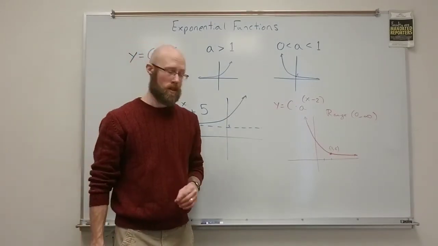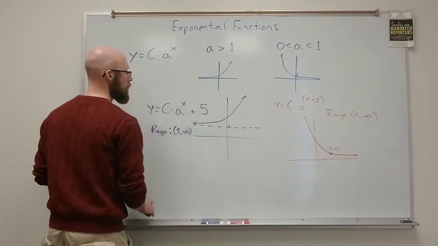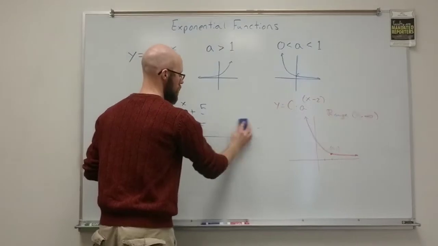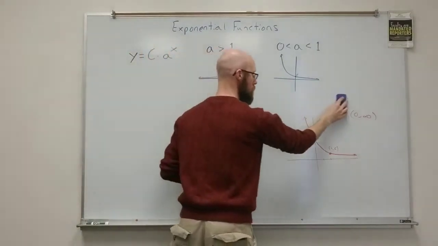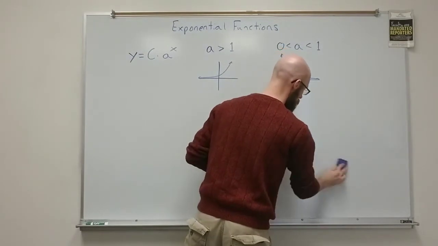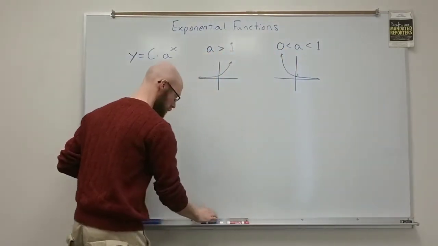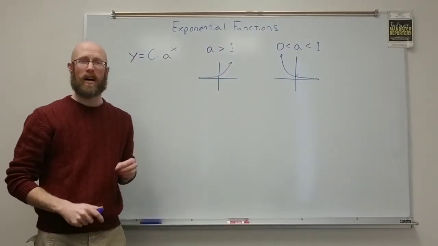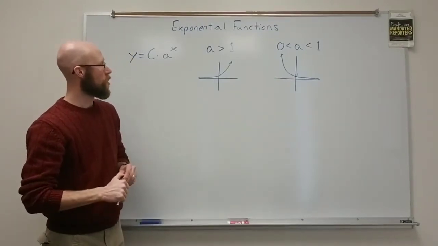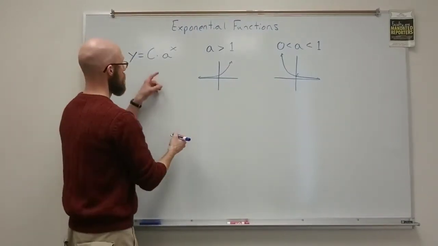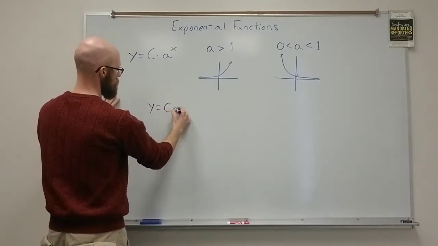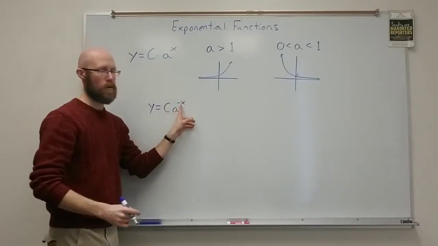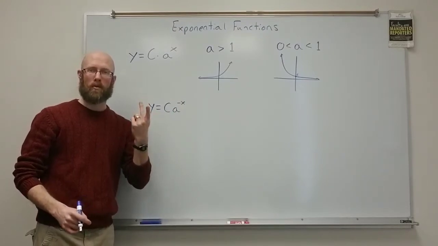Another thing you might notice is that the horizontal reflection is kind of an interesting transformation. If I were to take y equals c times a to the -x power, that would be your horizontal reflection, right?